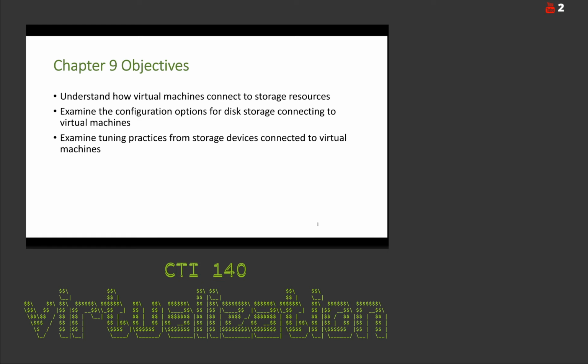And there are many different technologies that we can leverage as we build our virtual machines. So those are the kind of things that we're going to be looking at today.